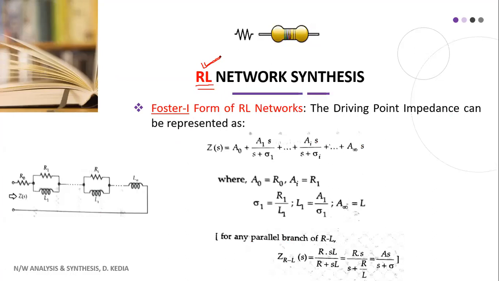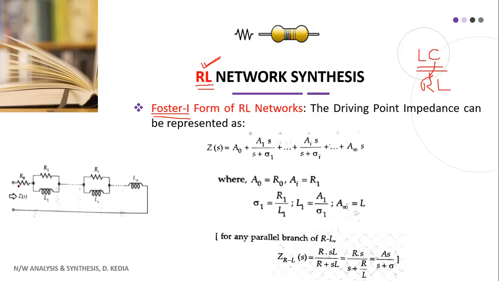Foster 1 representation of RL network looks like this. Here you remember the LC representation of Foster 1. When you represent RL, there your C has been replaced with R.